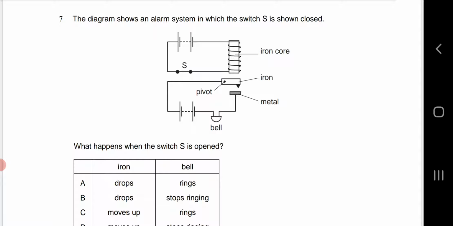When switch is open, then there is no magnetization effect in iron core, and the iron will drop on the metal, completing the circuit, completing the path of the current in the lower circuit. And due to this current flowing in the lower circuit, the bell will ring. So iron will drop on the metal and the bell will ring. Option A. Okay.